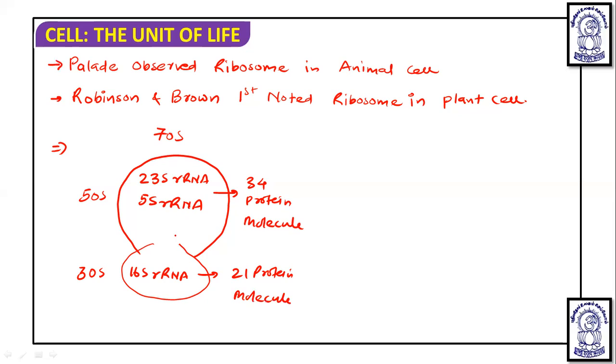These are the types of rRNA and the number of proteins found. The 70S ribosomes are ribonucleoproteins because they have nucleic acid as well as proteins. In the 70S ribosome, the ratio of RNA to protein is 60 to 40.